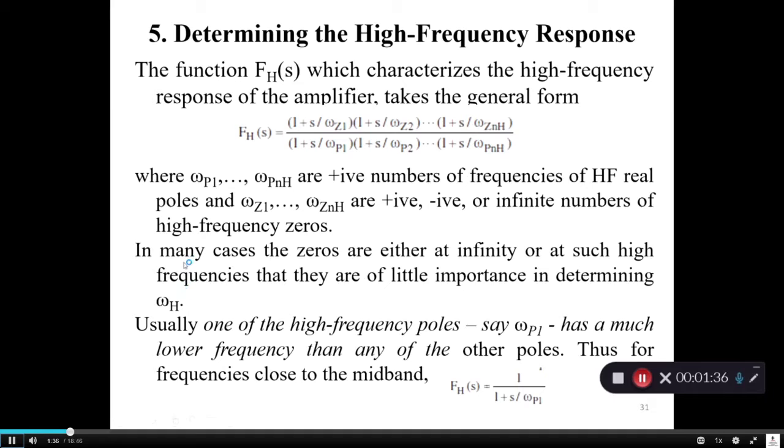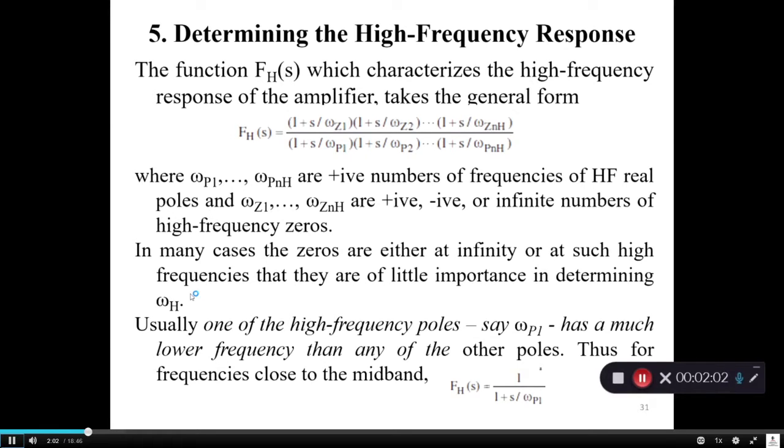What is the meaning of this line? If you remember in the previous module, Analog Electronics 1, when we were solving the numerical problems related to poles and zeros, we drew many structures for the pole and zero locations. If you go and check again, you will get some idea about the location of poles and zeros and the transfer function.